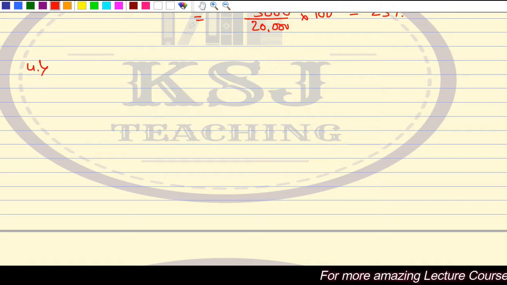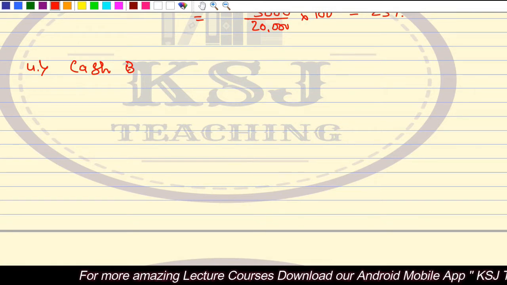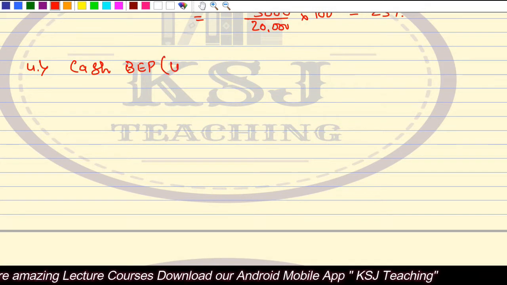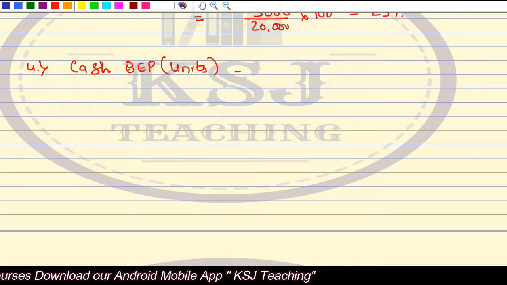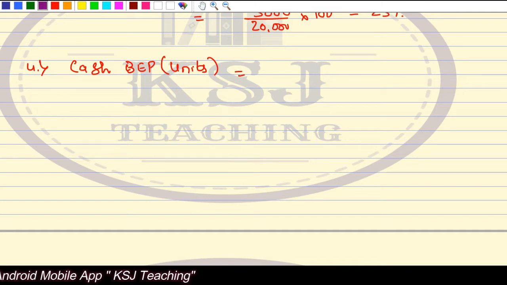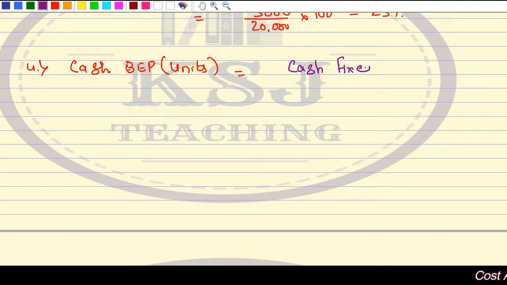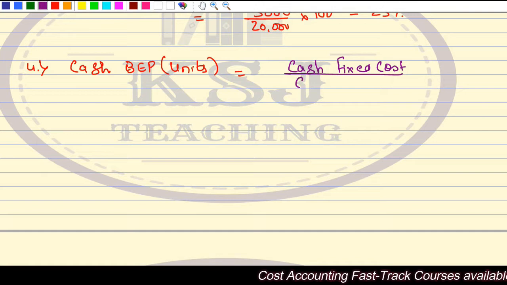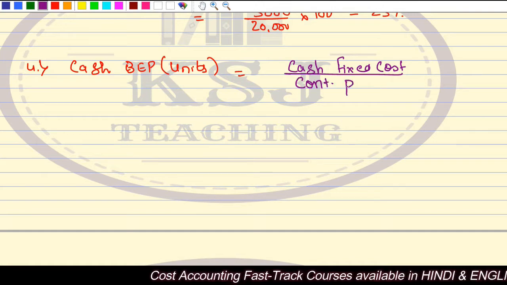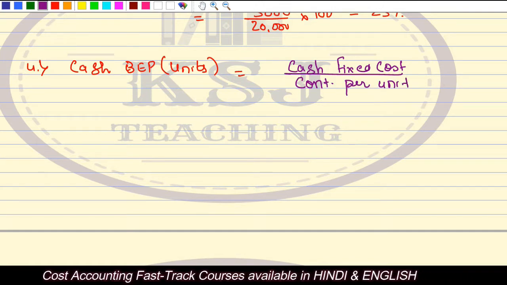So fourth is cash break-even point in units. In this case, instead of fixed cost, we take cash fixed cost. Cash fixed cost divided by contribution per unit. Now, what is cash fixed cost?